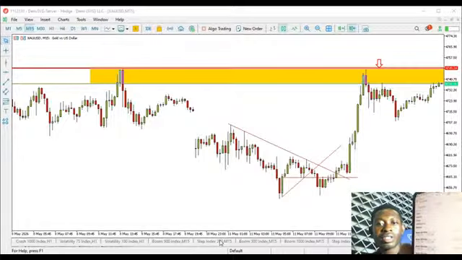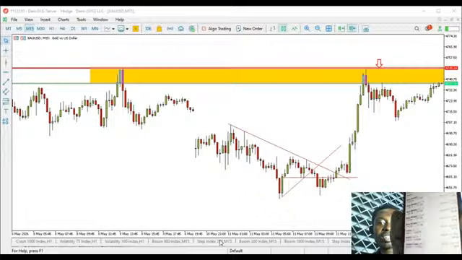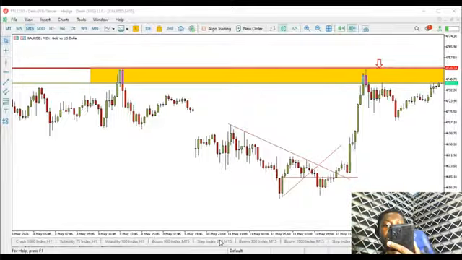Can you see that gold? That is the same trade I'm showing you today. That is the trade I took. So you can see the gold there.